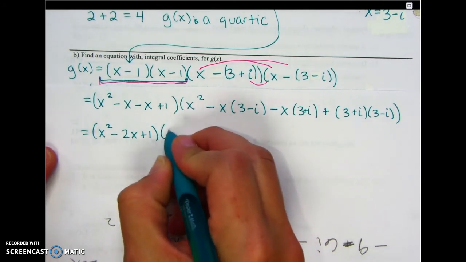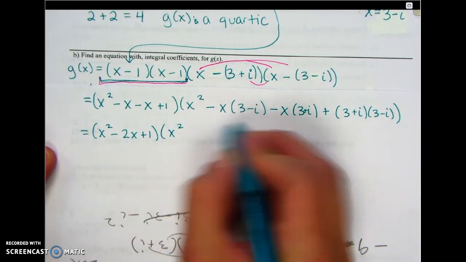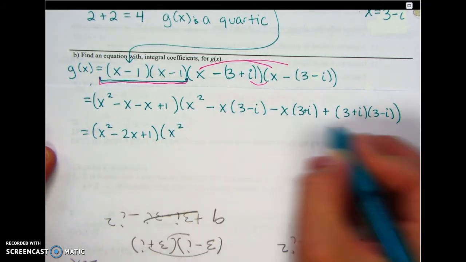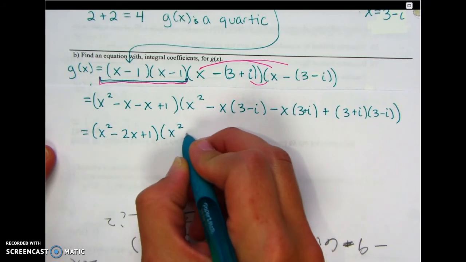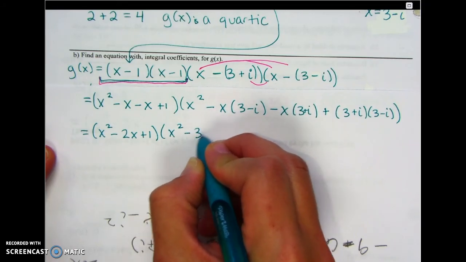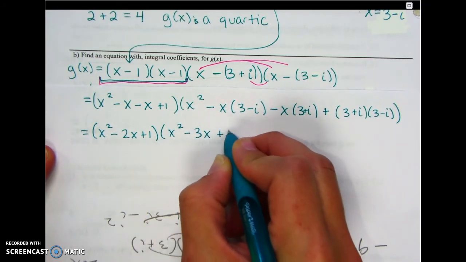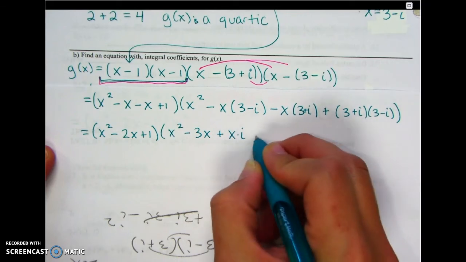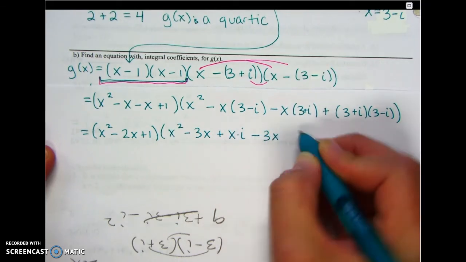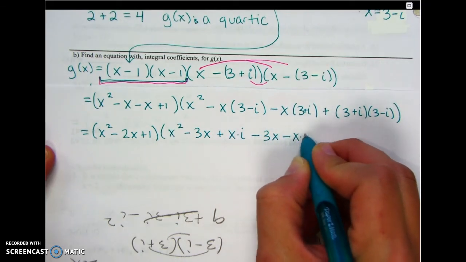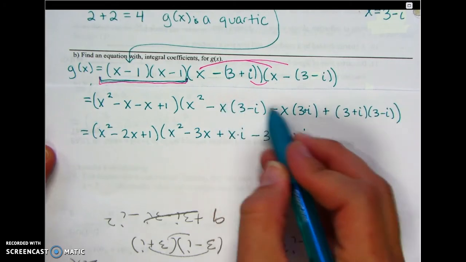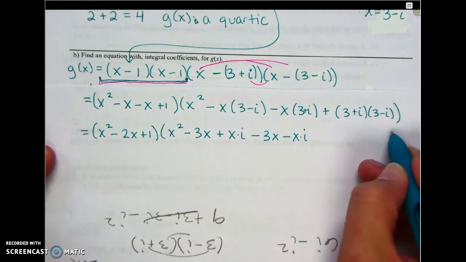Well, isn't this fun? I'm going to distribute this stuff in the middle, and then we're going to FOIL this over here, and we're going to see what happens. So minus 3x plus xi minus 3x minus xi. So I'm distributing this. And then this we need to FOIL.